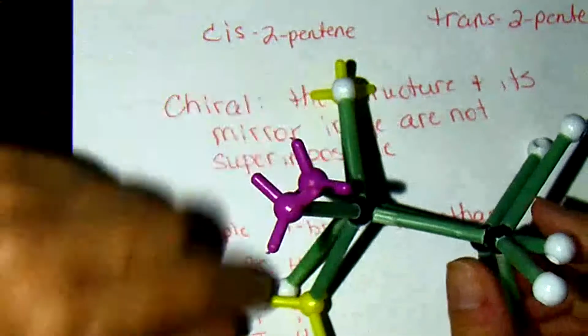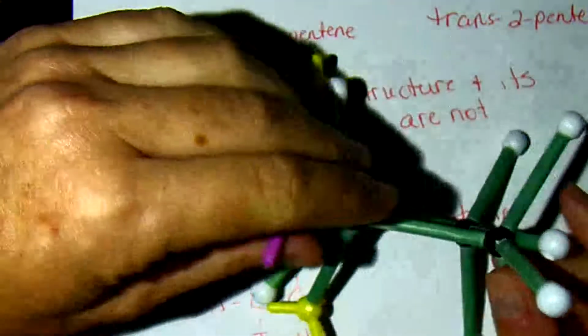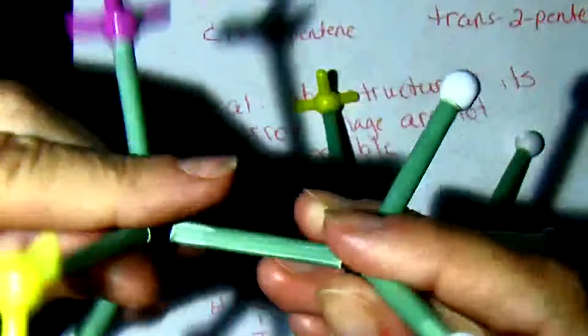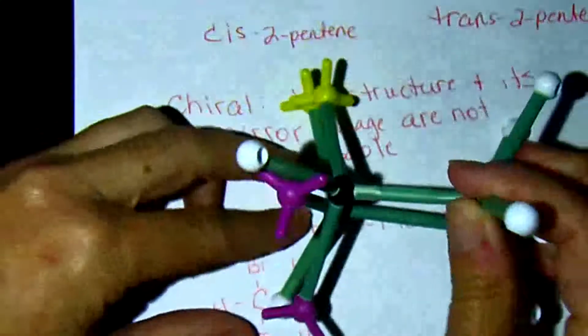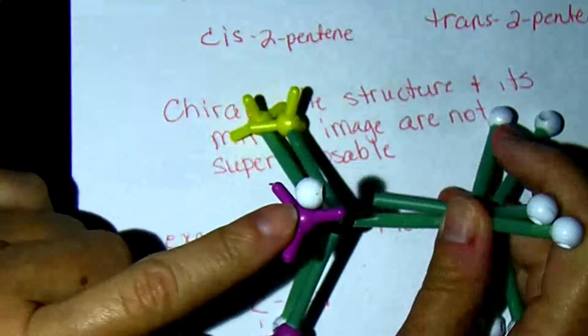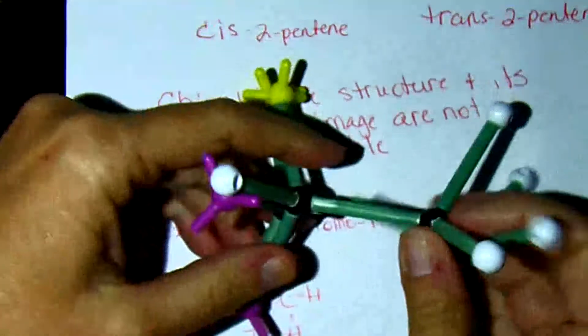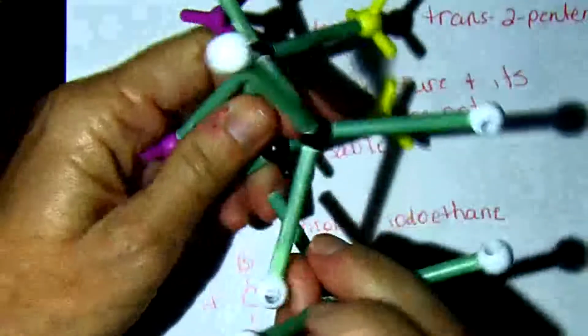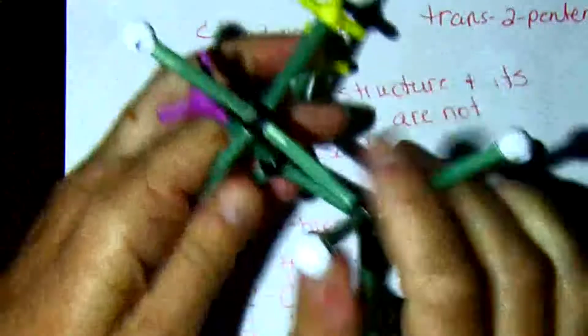And there's nothing that we can do if I want to make the iodines line up. I'll need to shift this over, and now the iodines line up, but the hydrogen lines up with the bromine. I just broke my carbon off, okay?